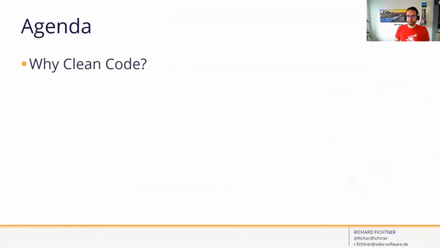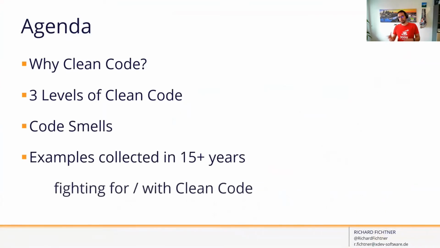This talk is structured in a few points. We will be briefly talking about why clean code. This is for your management or your manager, or maybe yourself, to convince yourself why clean code is important. Then we will see different levels of clean code. I'm not going to do the wristband thing where you have different colors and all that stuff, just giving you a brief overview, and then we will talk about code smells.